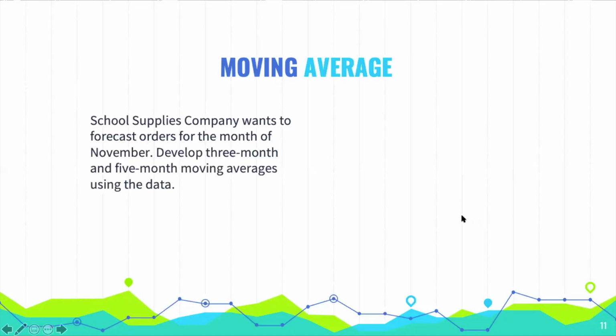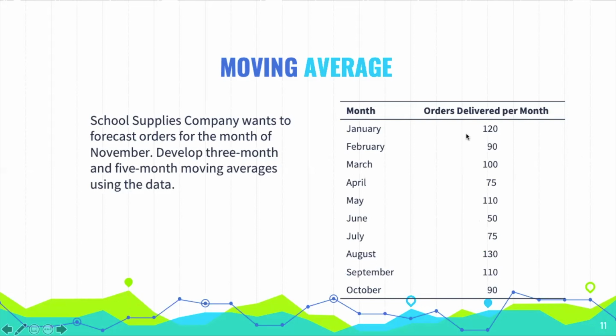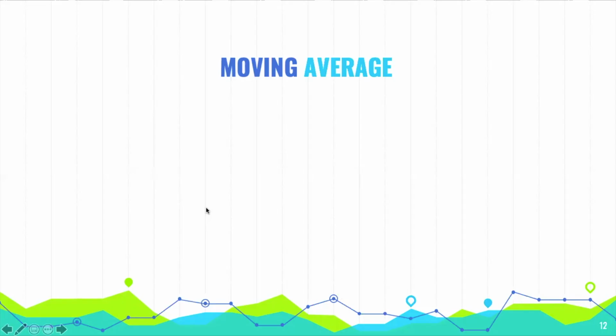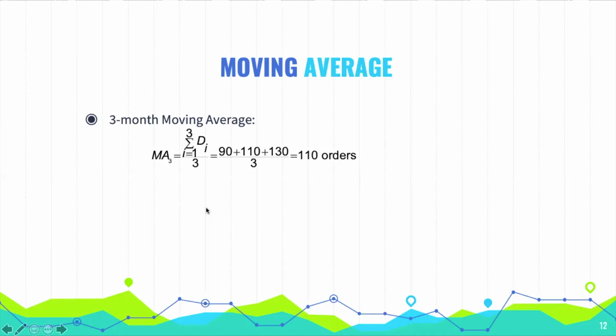So for example, a school supplies company wants to forecast orders for the month of November. Develop 3-month and 5-month moving averages using this data. So this is the data. We should develop a forecast for November. So to do that, this is how you compute it.